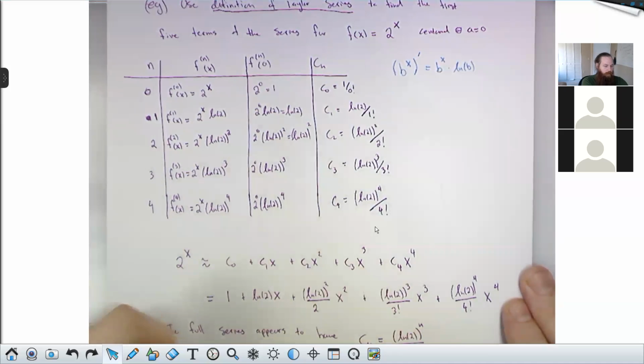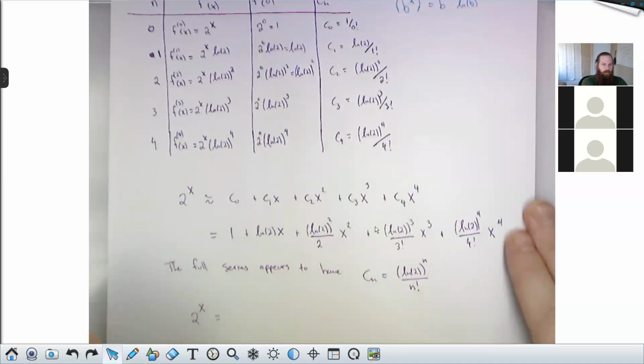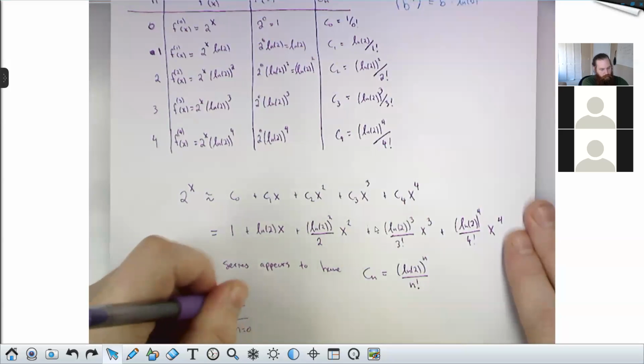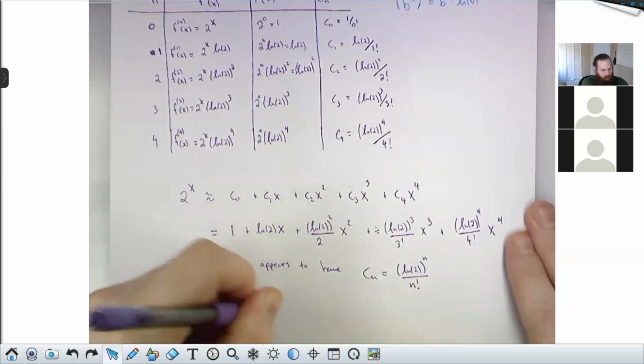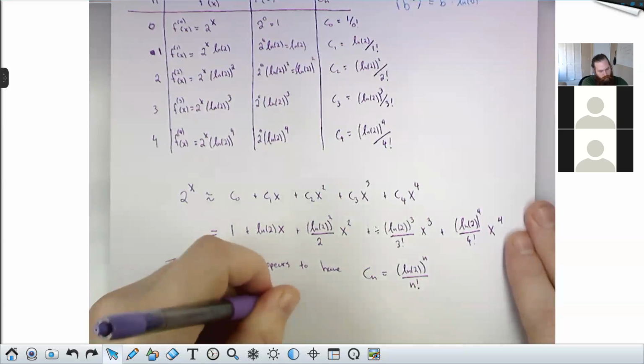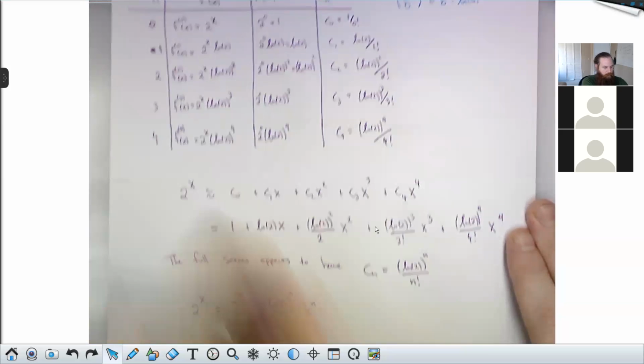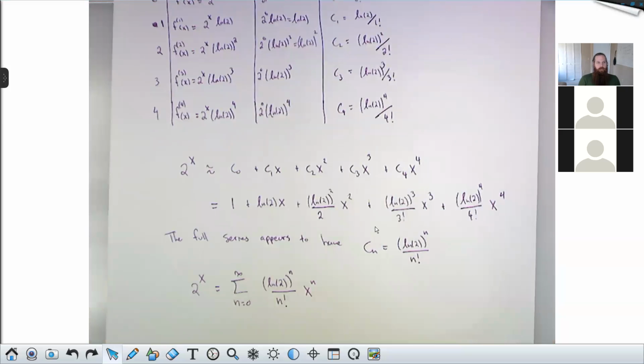So we could go all the way here and say 2 to the x is sigma n from 0 to infinity, natural log of 2 to the n over n factorial times x to the n. And if this looks similar to the e to the x series, that's good, right? 2 to the x and e to the x are similar functions. We expect them to have similar series. And it is, in fact, possible to get this series from the e to the x series by being clever.